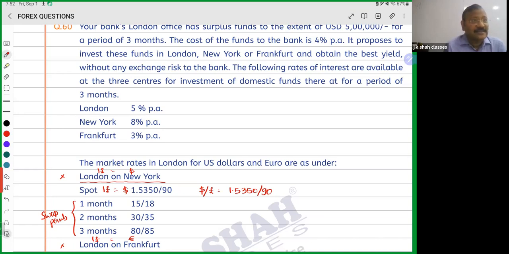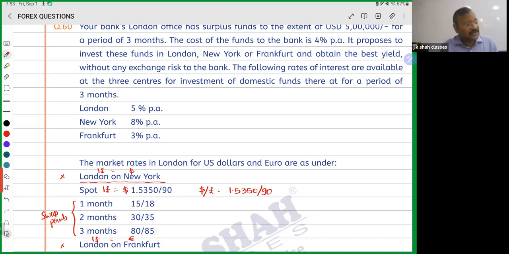Which office is having your surplus? And in what currency is the surplus lying? So now suppose you were to invest this money in London, what will you do? That is exactly what Shashank is saying.